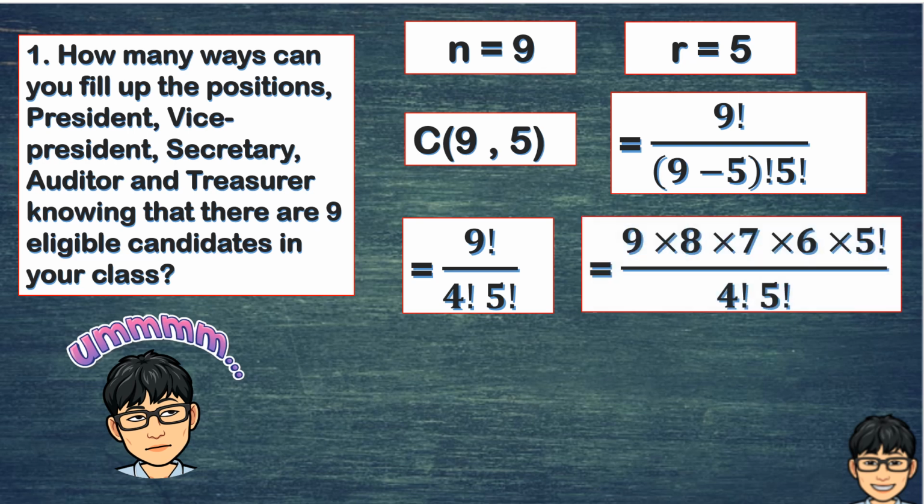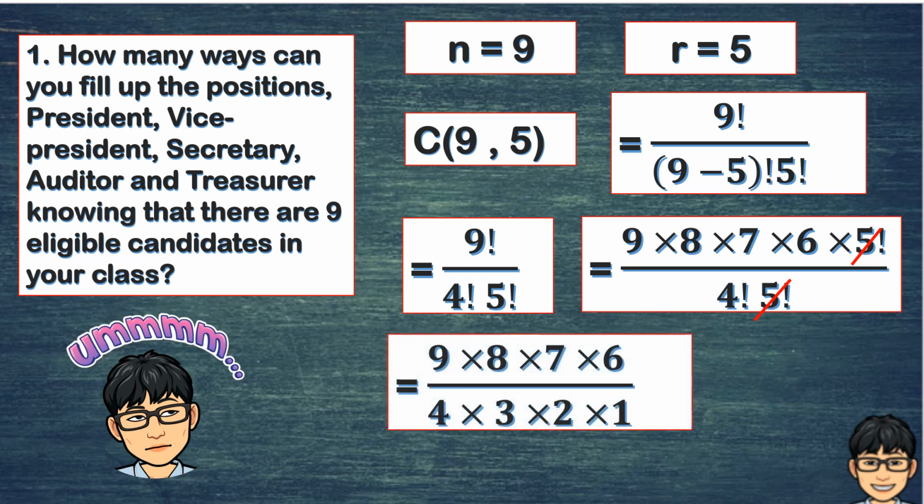Then simplify natin. So we have 9 times 8 times 7 times 6 times 5 factorial all over 4 factorial times 5 factorial. Now let us now cancel out 5 factorial. And then, evaluate natin si 4 factorial.